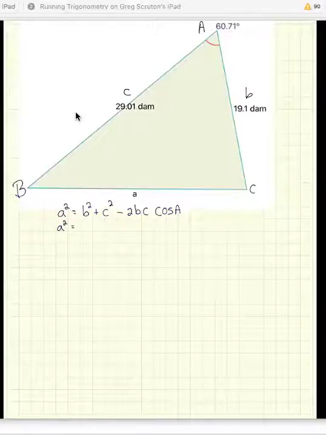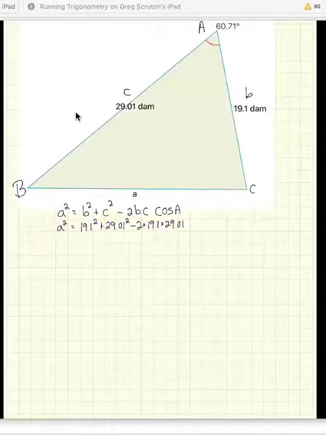The B side is 19.1, so 19.1 squared plus the C side squared, which is 29.01, take away 2 times the B, which is 19.1, times the C, which is 29.01, times the cosine of our angle A, which is 60.71 degrees. All right, handy dandy calculator time.